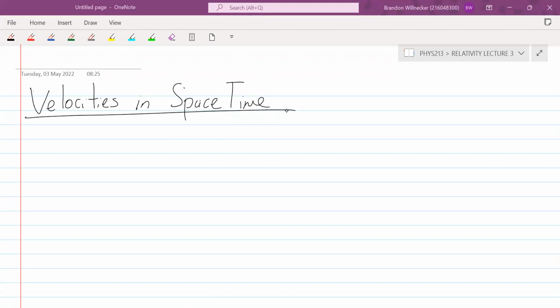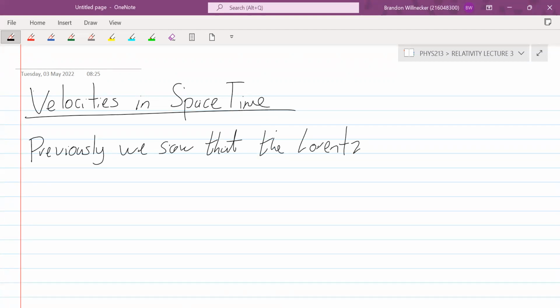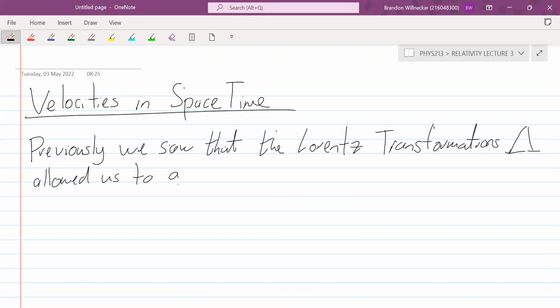So previously, we saw that the Lorentz transformations, we gave that the symbol capital lambda, so L for Lorentz, allowed us to go between moving and non-moving frames.